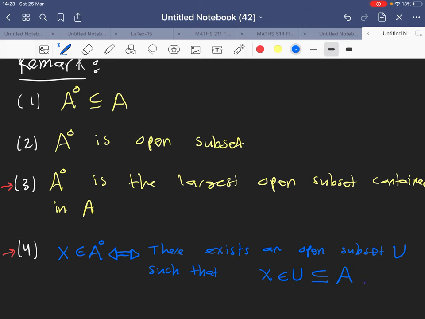It means if you take something in the interior, you definitely get an open set containing that point, and everything will stay inside A itself. So that's what we have.